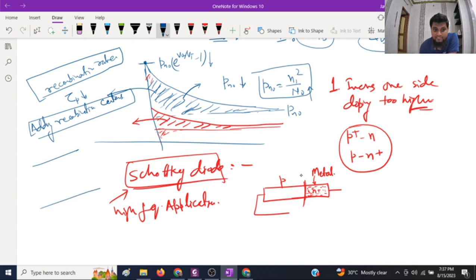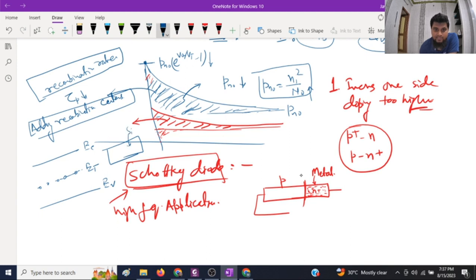Generally, if there are some deep defect levels between EC and EV, they work as a trap state or recombination center. An example is gold doping in silicon.